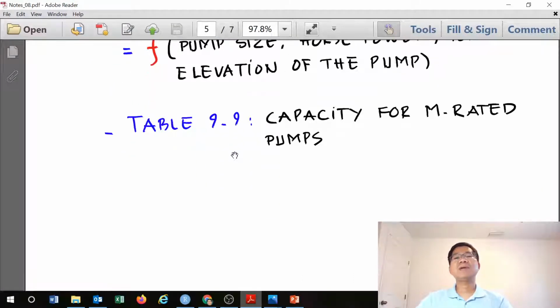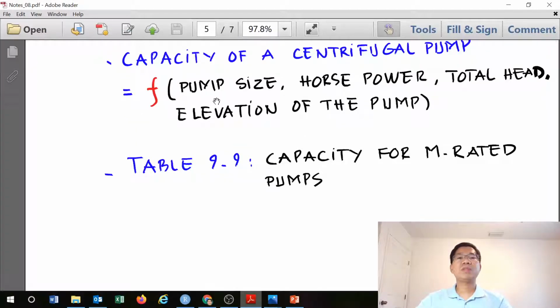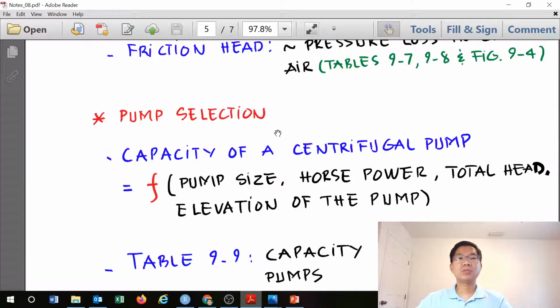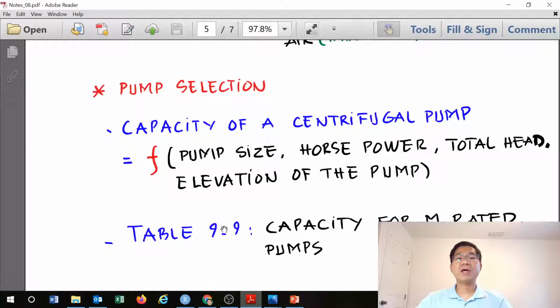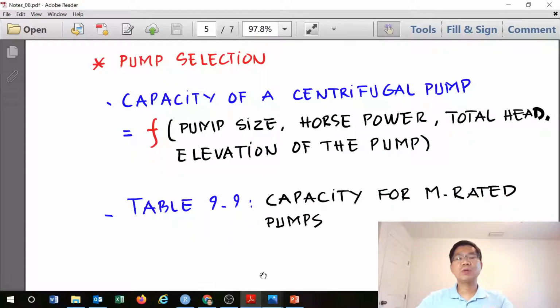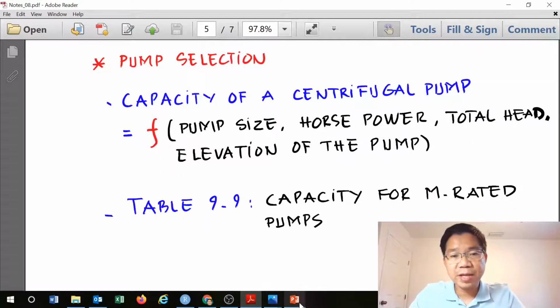We can determine what is the rated pump that meets the demand with the pump size, with the pipe size, etc. Let me go to table 9.7, 9.8, figure 9.4, and of course table 9.9, and then we go to problem 3 shortly.